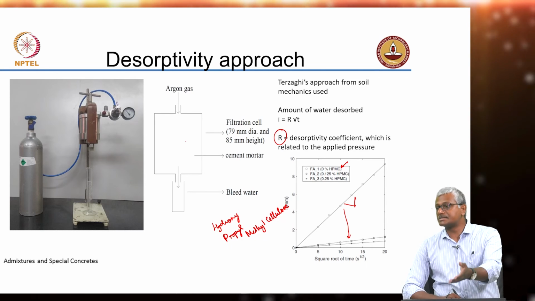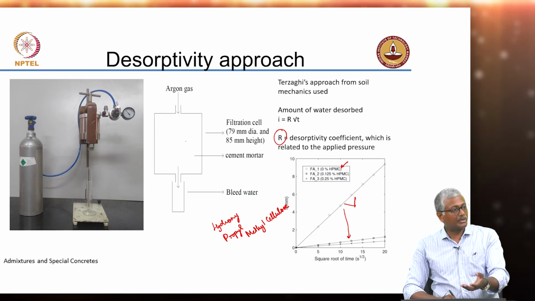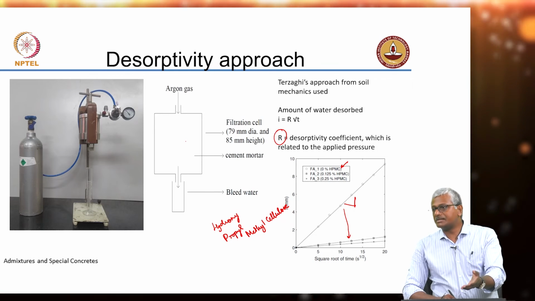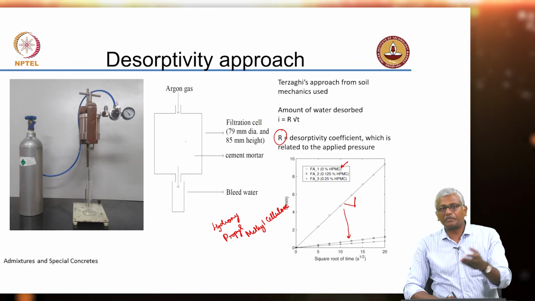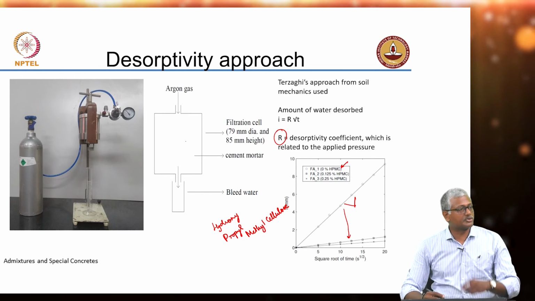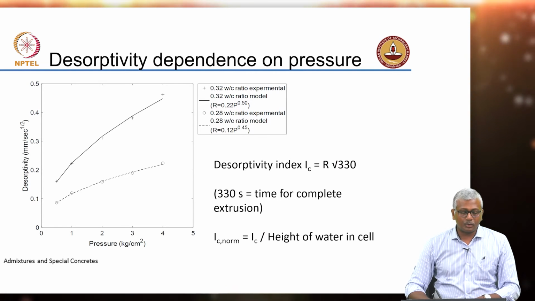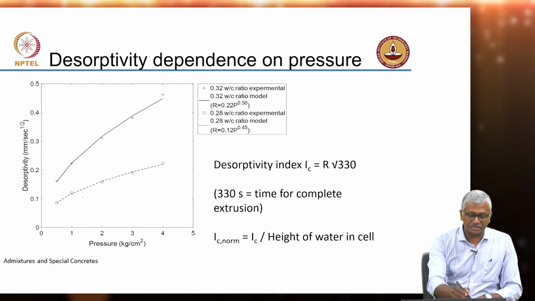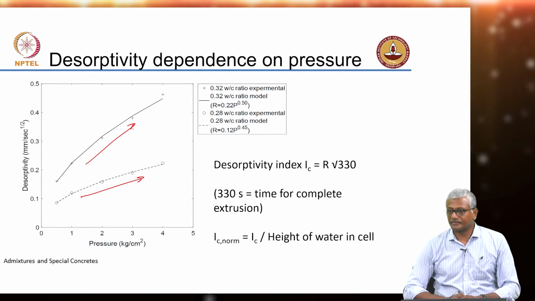Obviously, this coefficient will depend on how much pressure you are applying, right? You can take a realistic value based on the pumping scheme that you have and apply that pressure, or you can study it with respect to different amounts of pressure that you apply. So, here the desorptivity coefficient is obviously dependent on the pressure. As the pressure increases, the coefficient also increases.